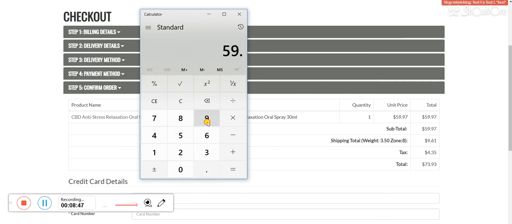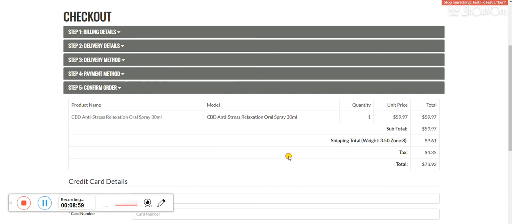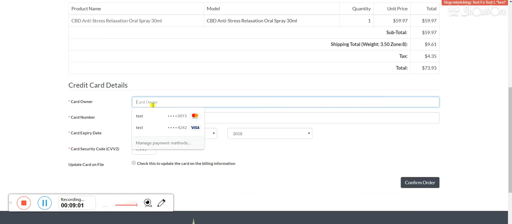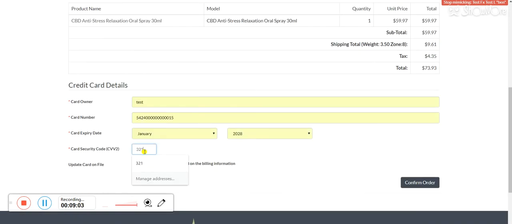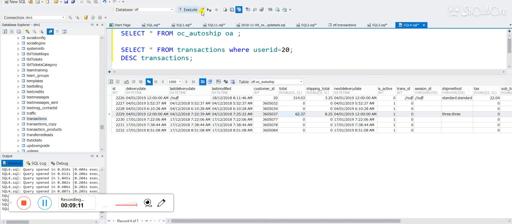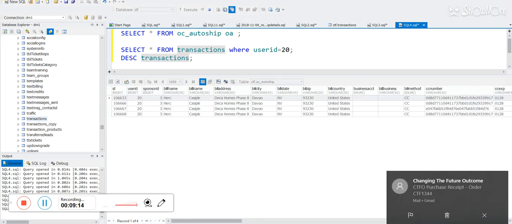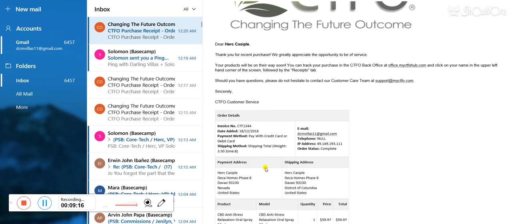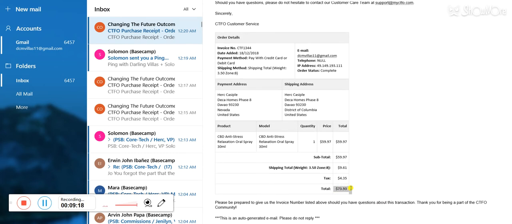So 59.97 plus 9.61 shipping plus tax 4.35 is equal to 73.93. So 73.93, 4.35, 9.61, 59.97.